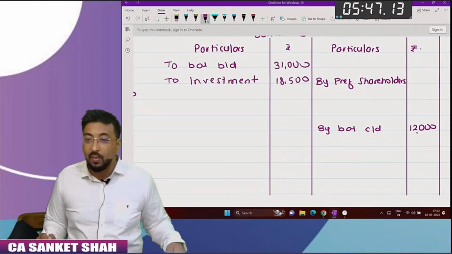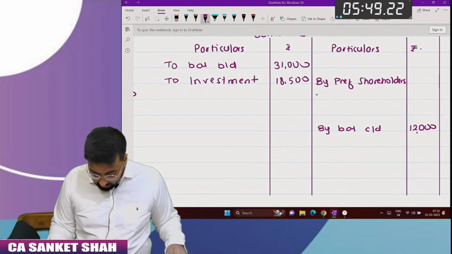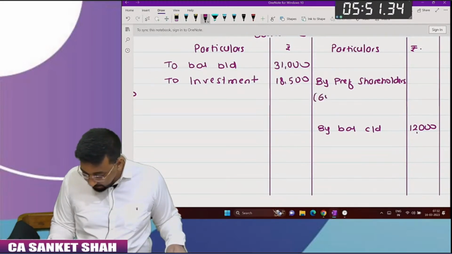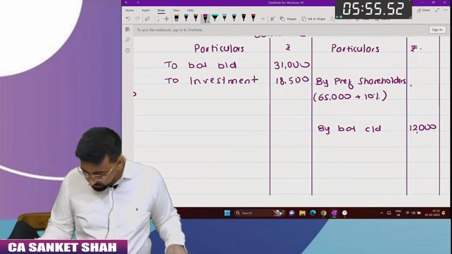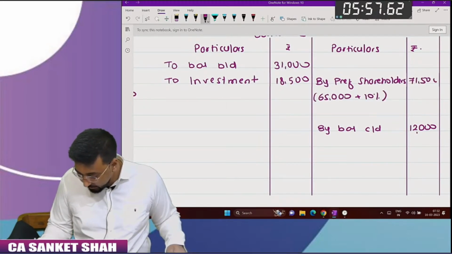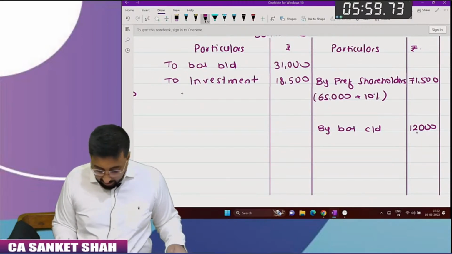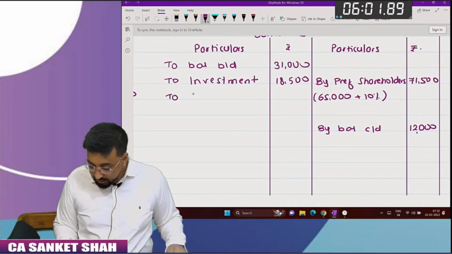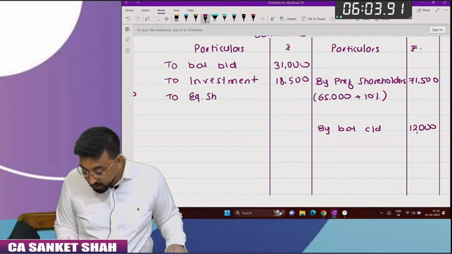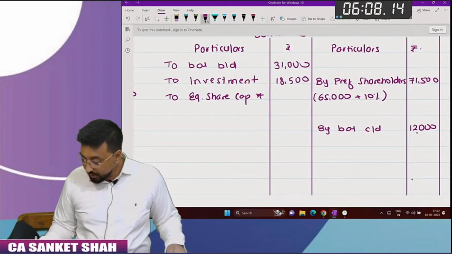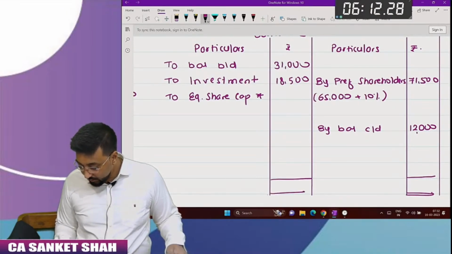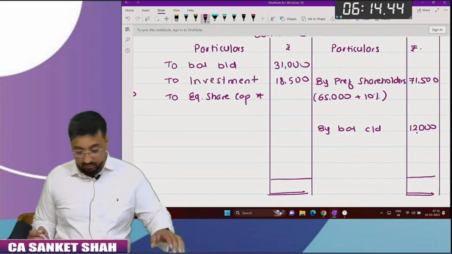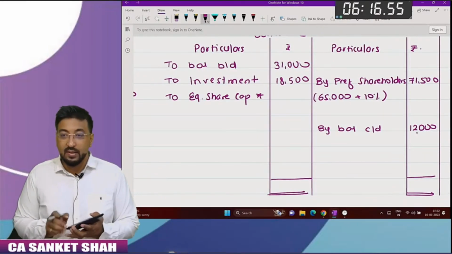How much amount are you going to repay, beta? Yes, it is 65,000 plus 10%, 71,500, and the remaining balance is, beta, to equity share capital. It's very simple. Sir, the remaining balance is equity share capital. It's a balancing figure.